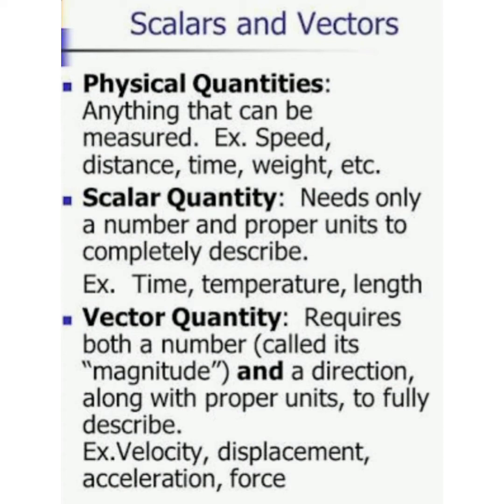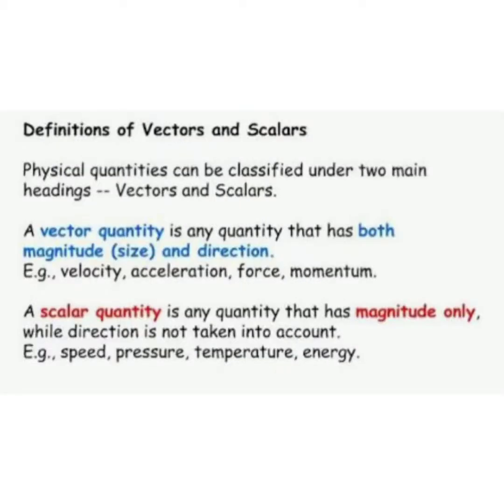In this class, we are going to learn about scalar and vector quantities, distance and displacement, and velocity. The motion of objects can be described by terms such as distance, displacement, and speed.